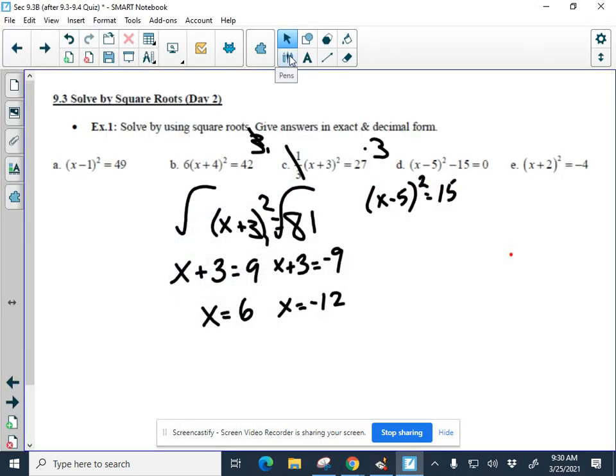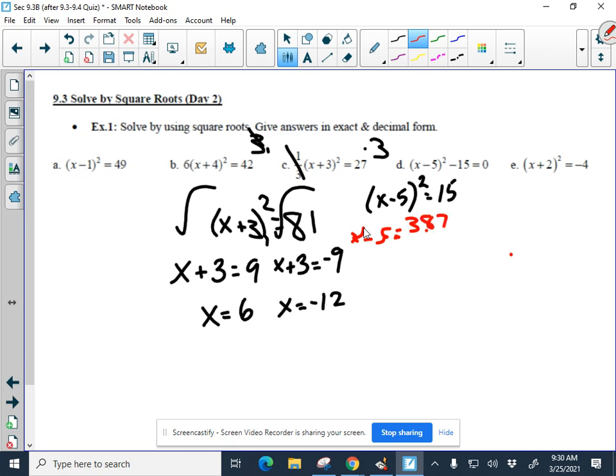So x minus 5 equals 3.87. X minus 5 equals negative 3.87. If I add it, I get 8.87. If I add 5 here, be careful. Those are going to balance out a little bit. We should get 1.13.